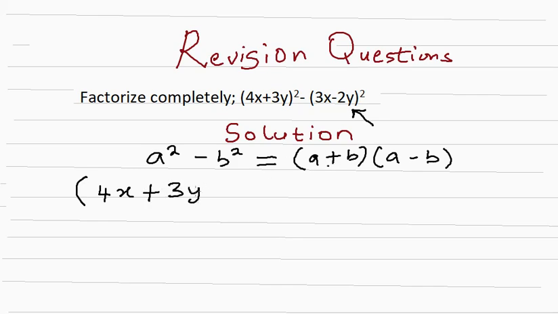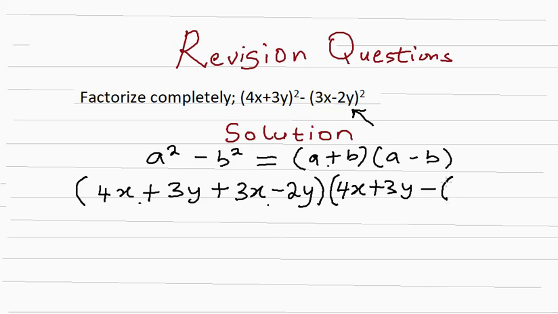then plus 3x minus 2y. Of course, this is a, then plus b. Then in the second bracket, that's going to be a minus b. So what I will have is 4x plus 3y, then minus b, and since b is 3x minus 2y, don't forget to put that in a bracket.